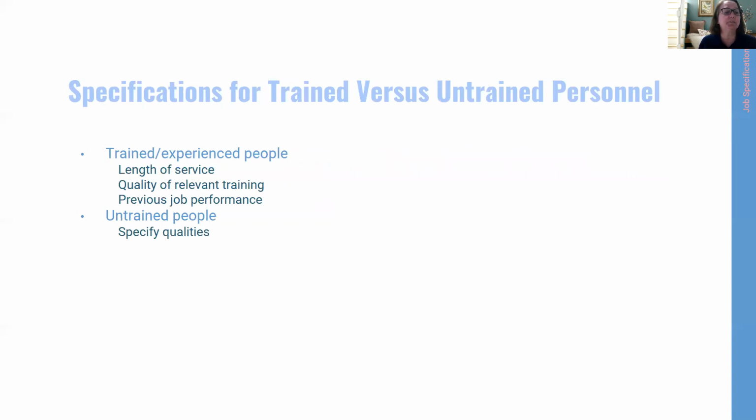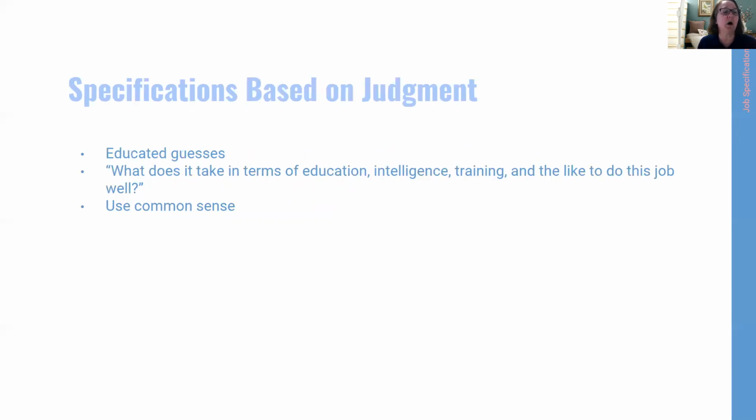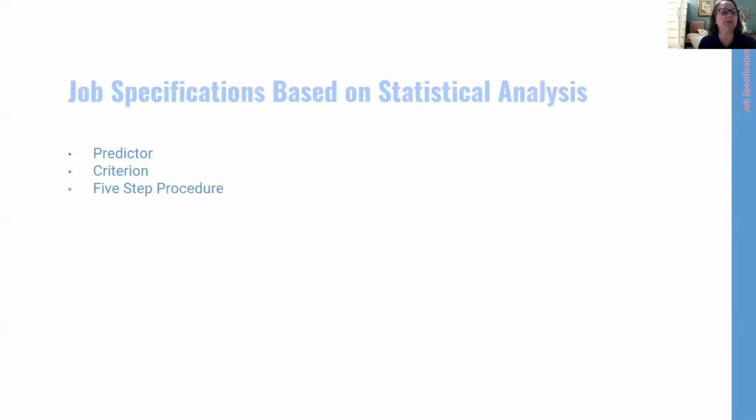So trained experiences like length of service, quality of relevant training, previous job performance, or specify the qualities. Sometimes you're taking educated guesses, you're using common sense, but education is probably the one that's the easiest to put on there. You're wanting some predictors.